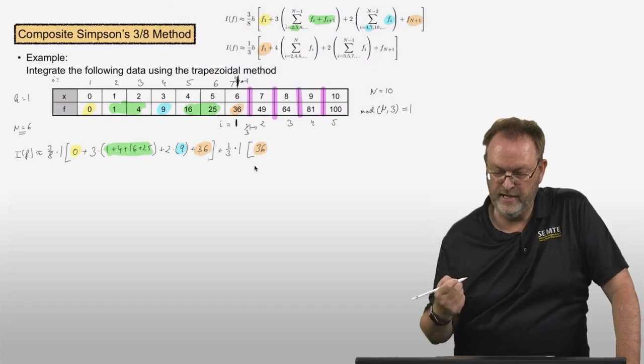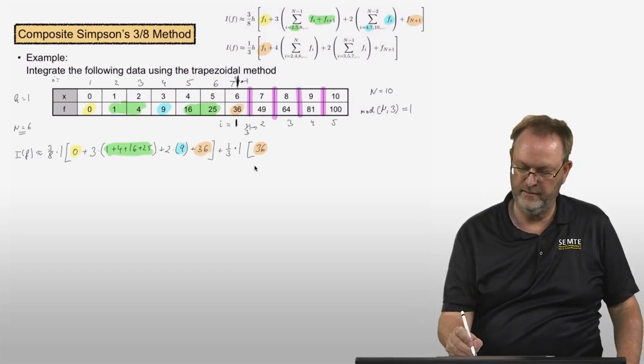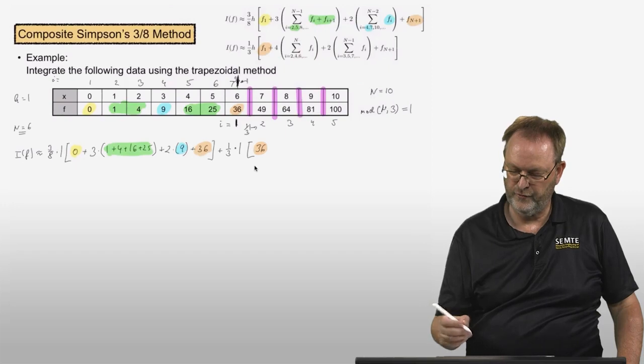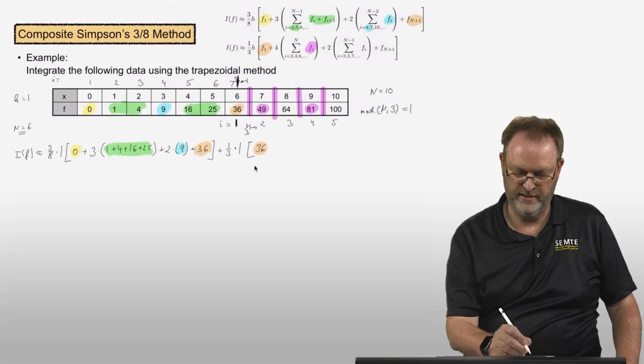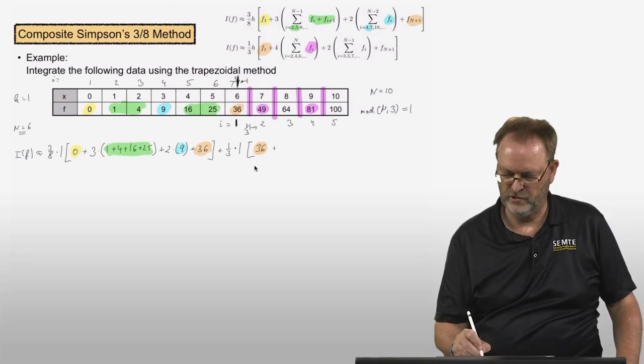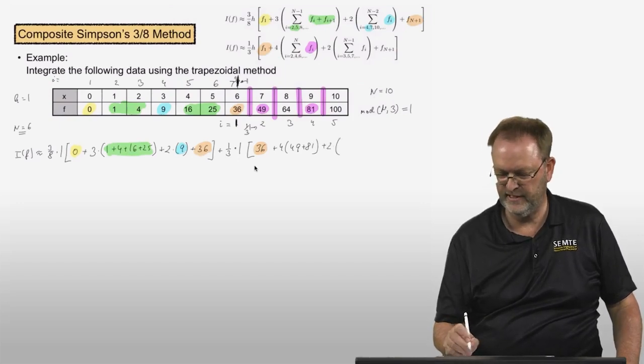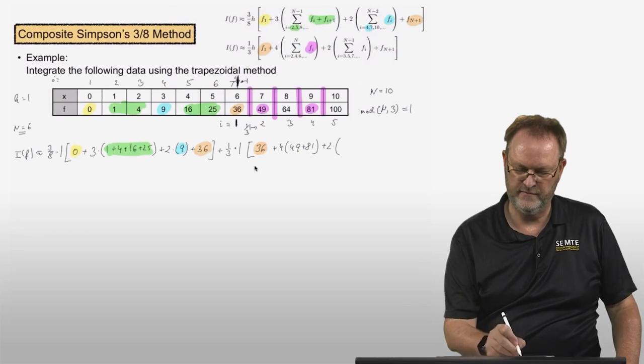And then I have to add up the 2, 4, and 6. So 2 and 4, those are these. So plus 4 times 49 plus 81. Then I have plus 2 times this value here.